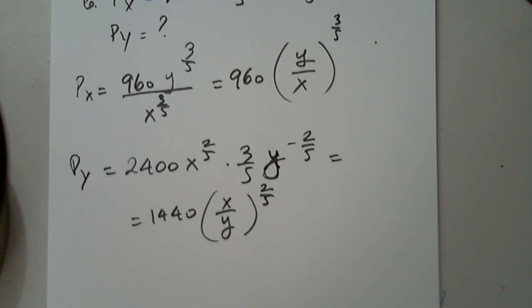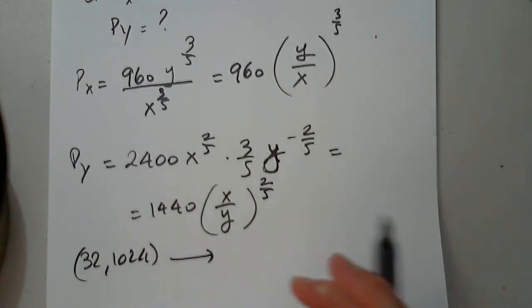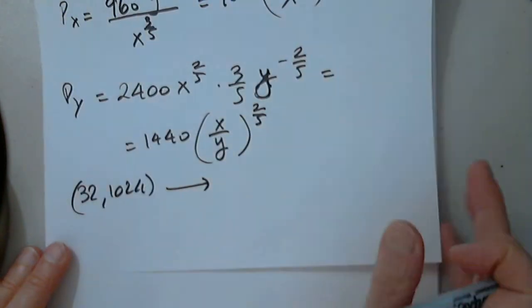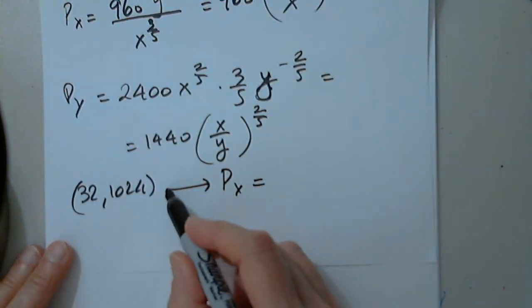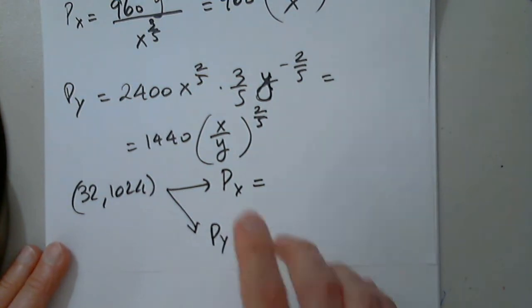Okay. Evaluate the marginal productivities when x is 32 and y is 1024, the same numbers they gave us initially. So for the point (32, 1024), we will determine P_x and we will determine P_y.